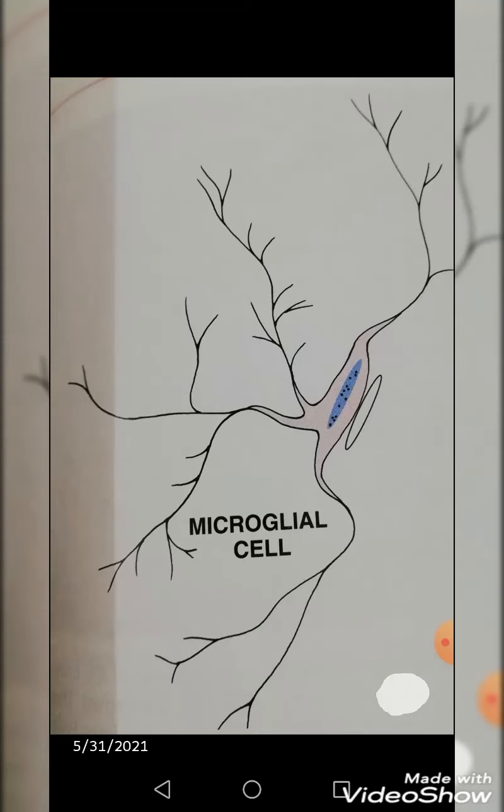In this way, they can also act as antigen presenting cells, because they have to secrete a number of immunoregulatory cytokines, right? And definitely they are a type of macrophages, so they get their origin from the bone marrow, right?